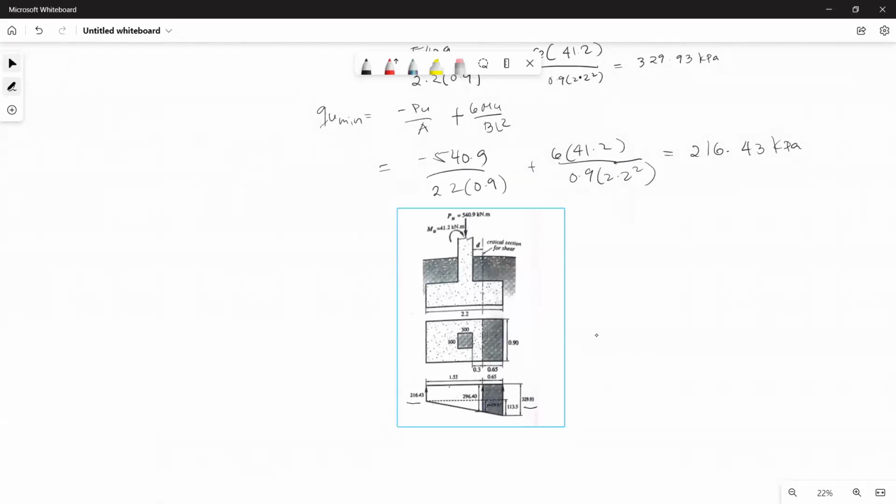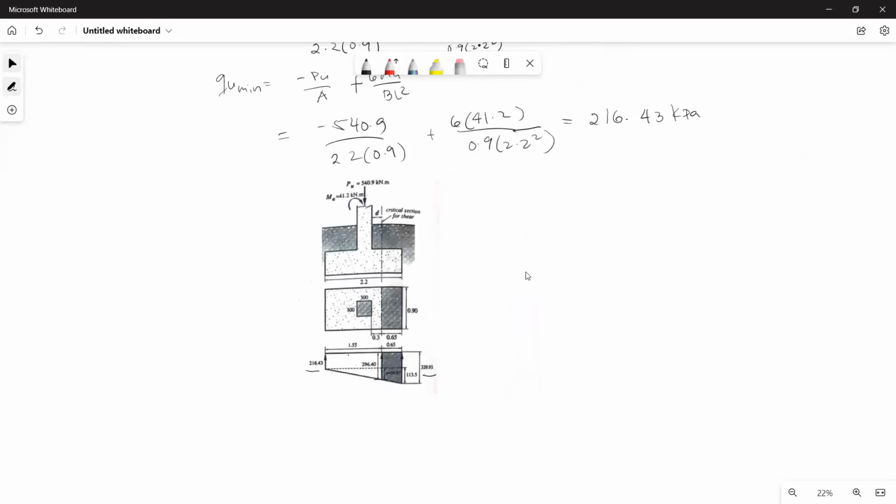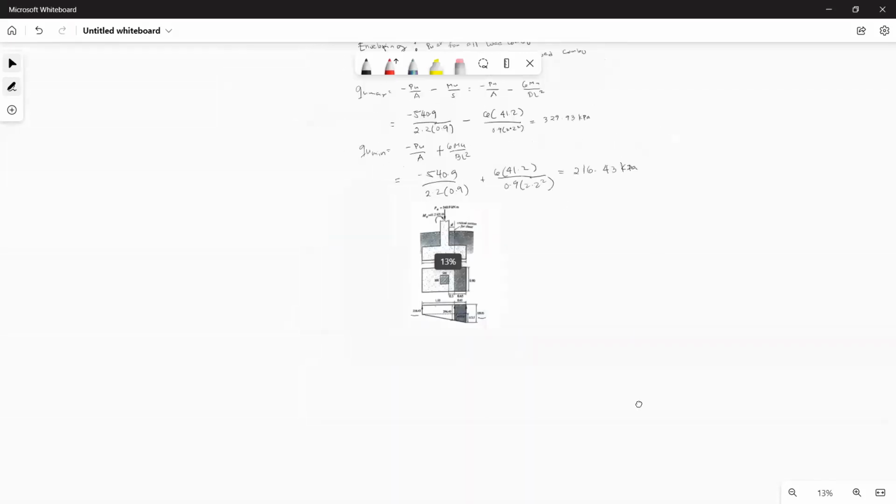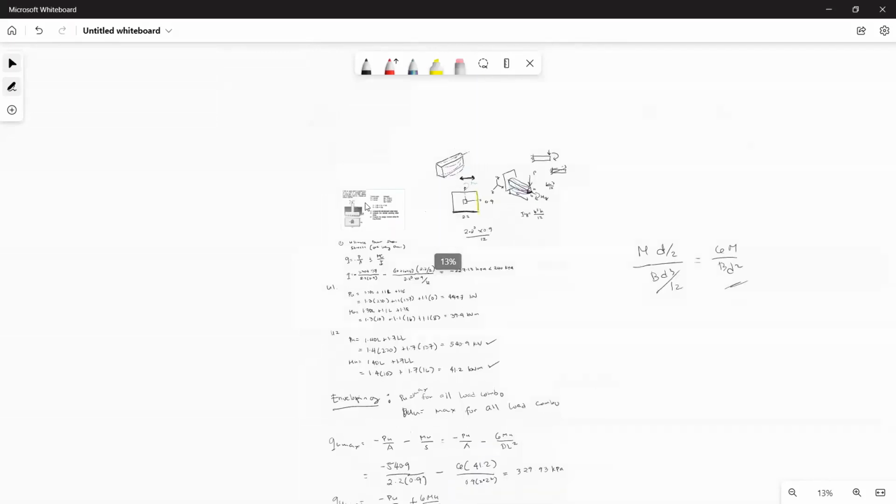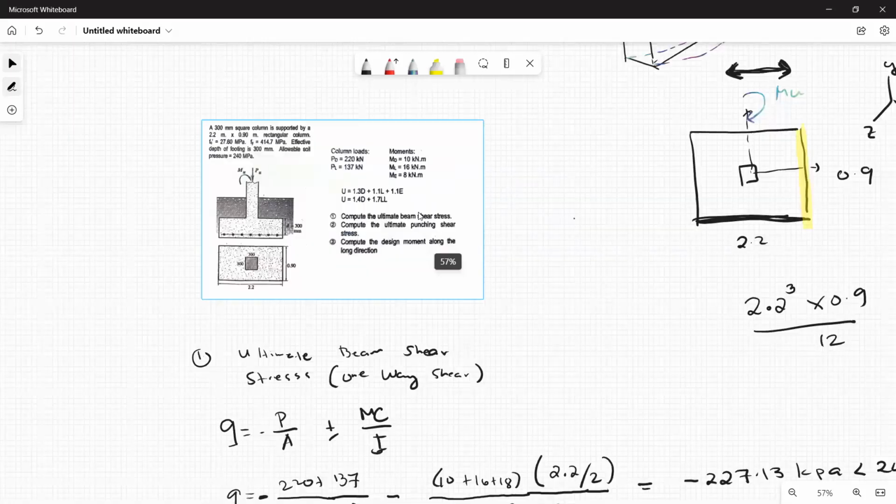Just like what we did in the one-way shear, the critical area is a distance D from the face of the column. According to the problem, it is the ultimate beam shear stress.